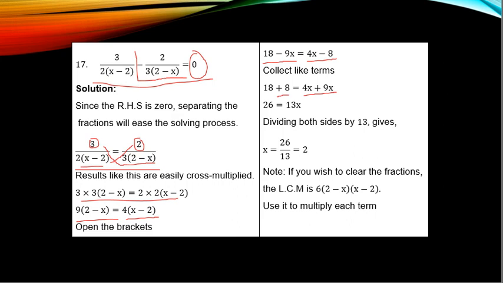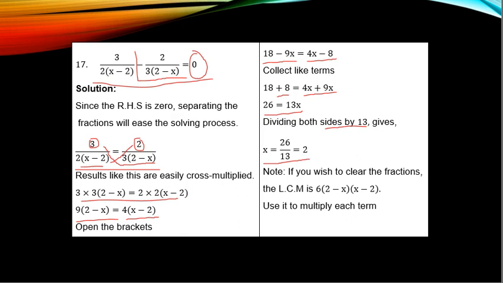So if you add, you have 26 equal to 13s. To get s, you divide both sides by 13, the coefficient of s, and that gives s equal to 26 over 13, and that is 2.